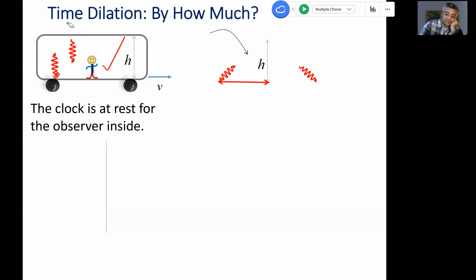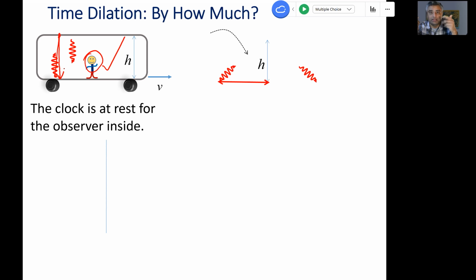Now, what happens here? This observer is measuring the time it takes for this light to reach the top and come back down, okay? So it is a kind of fancy, this is also called the light clock.